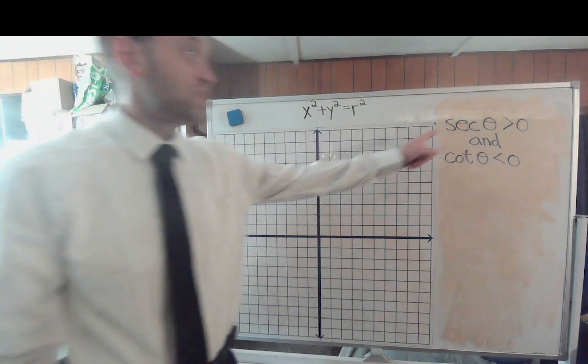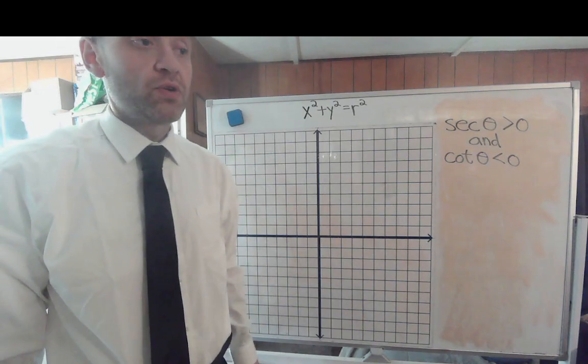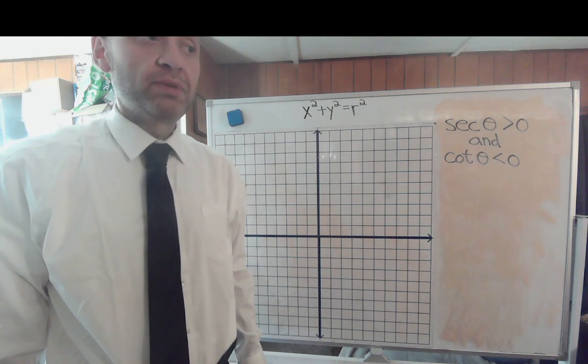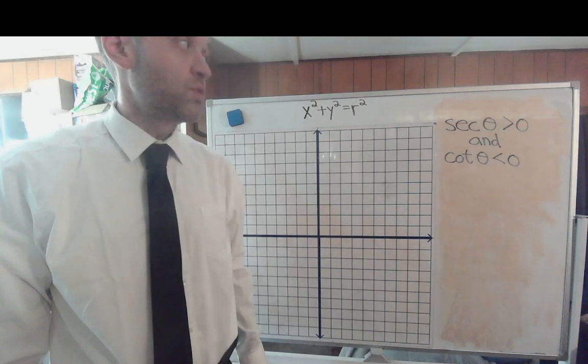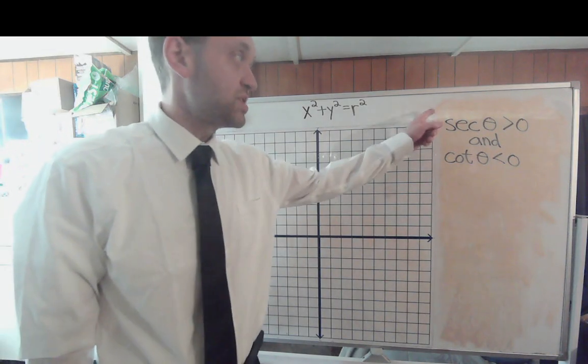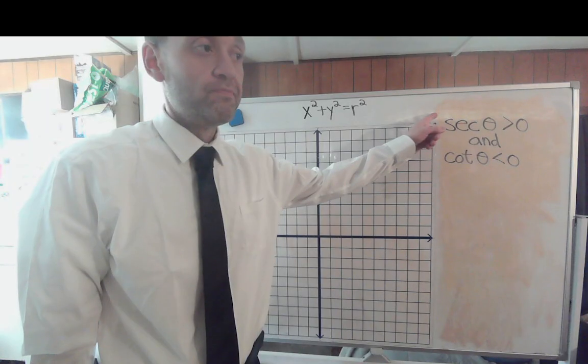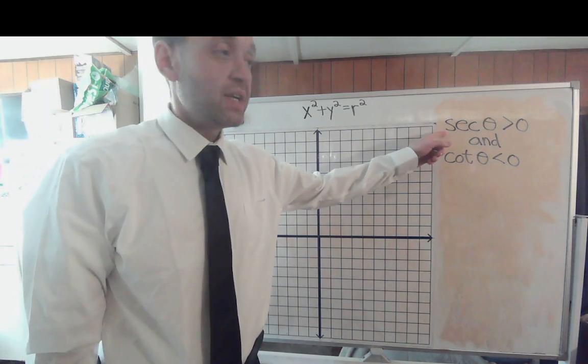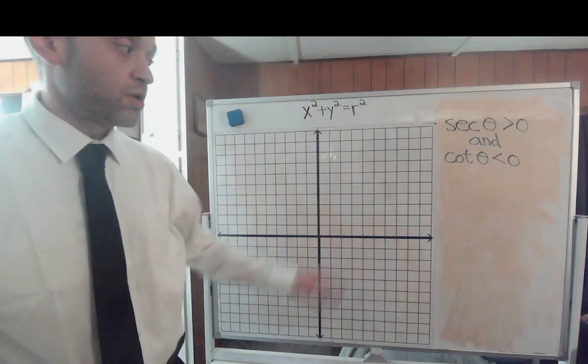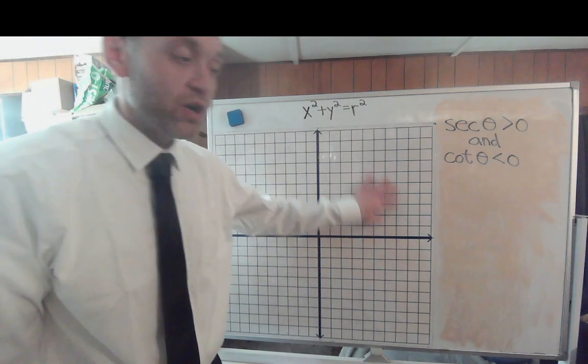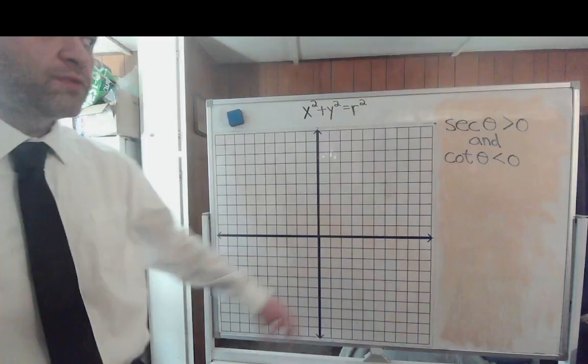Let's start where the secant of theta is greater than 0. Well, secant is simply the reciprocal of cosine, so we could really say the cosine's greater than 0. If the cosine's greater than 0, that means it's either in quadrant 1 or 4.